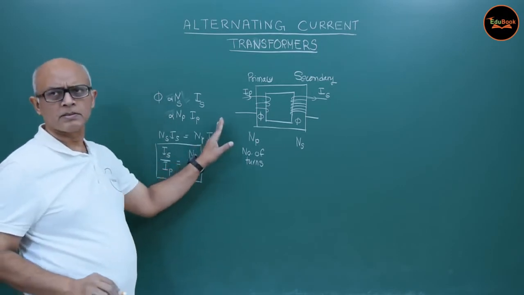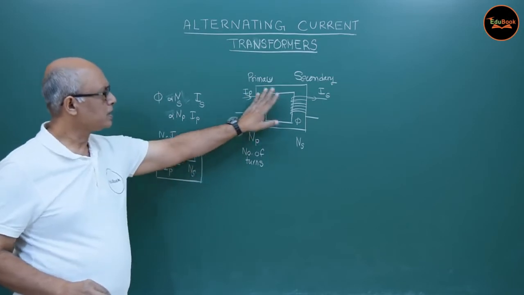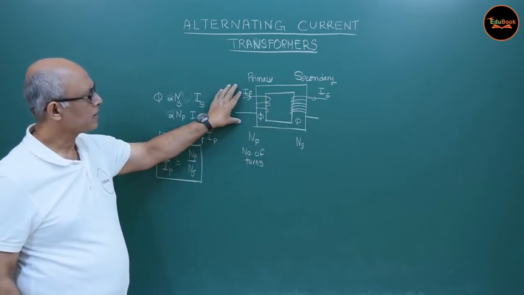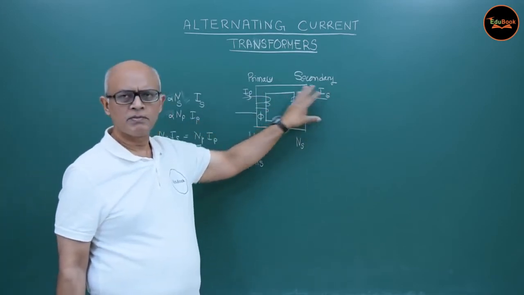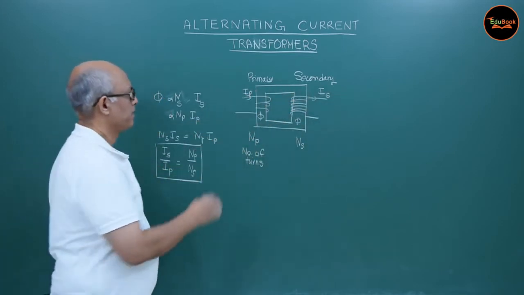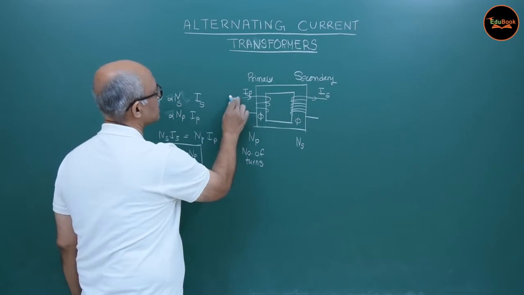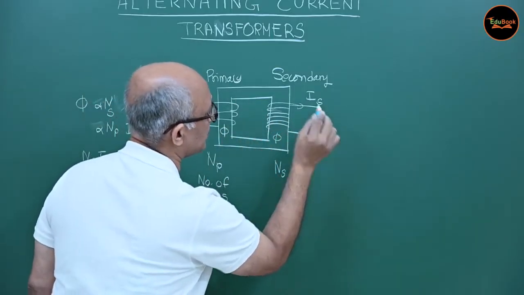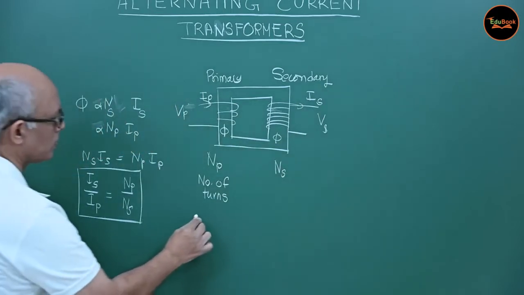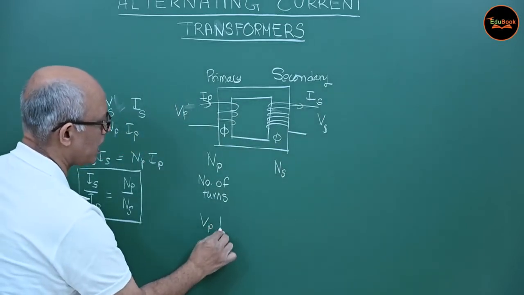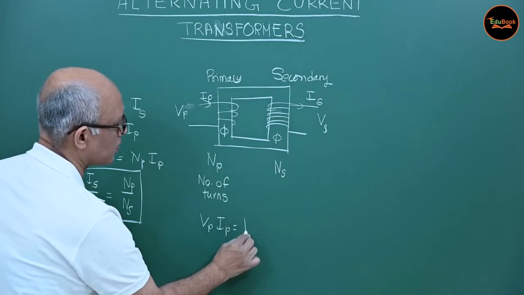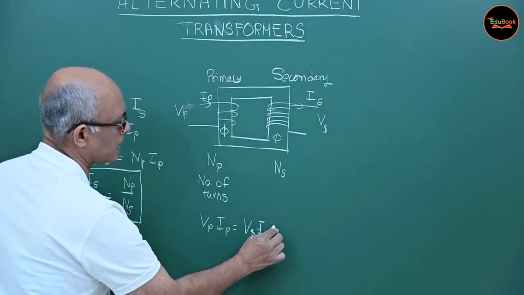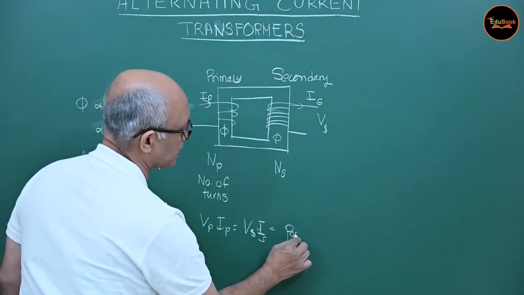The second relationship is that if there is no energy loss, then the power supplied here and the power being received here is going to be the same. Now let's say the voltage across this is Vp and voltage across this is Vs. So you can say Vp into Ip is equal to Vs into Is, and that's basically the power.